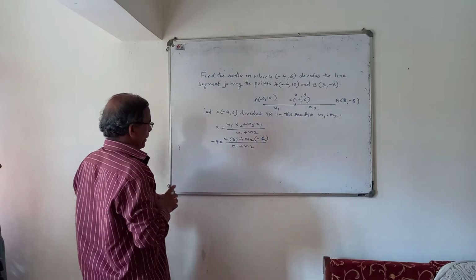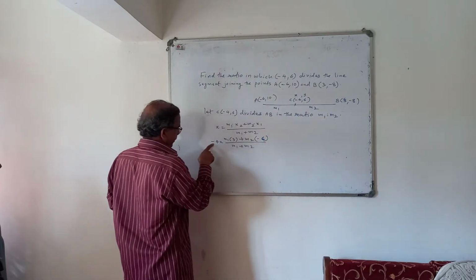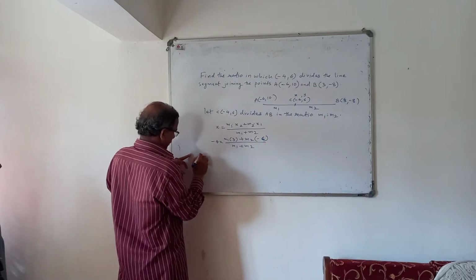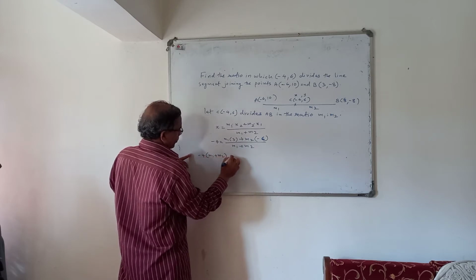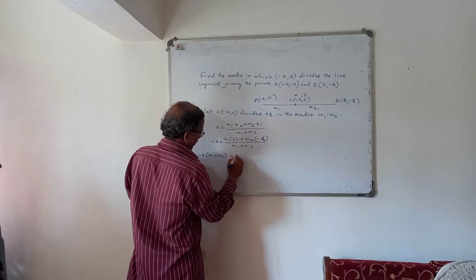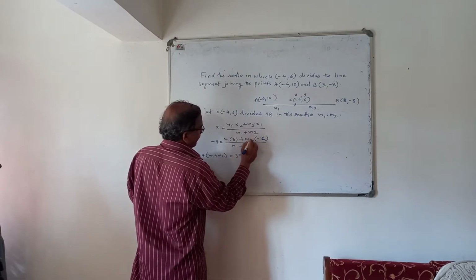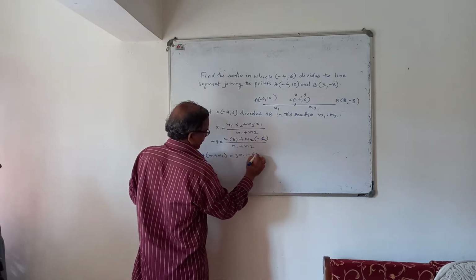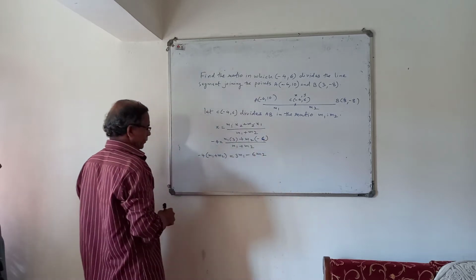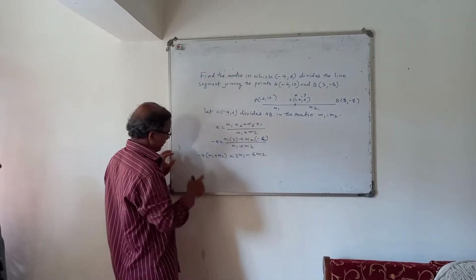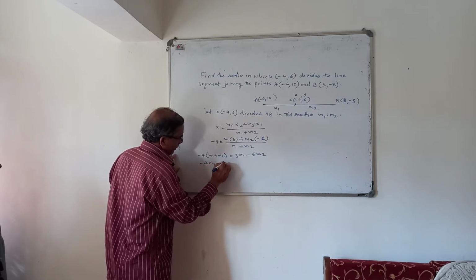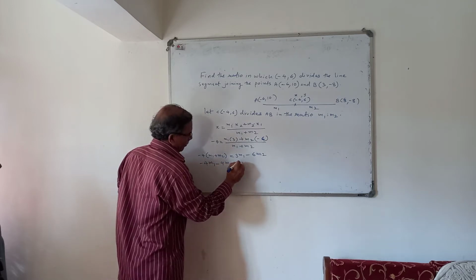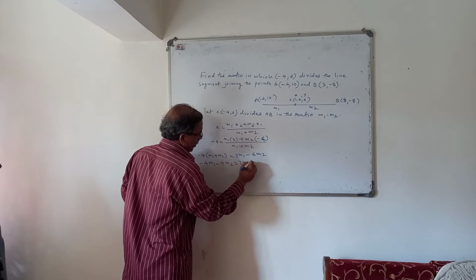Now if we want to simplify this, the denominator will be multiplied here. So minus 4 into (m1 plus m2) should be equal to m1 into 3, means 3m1, plus m2 into minus 6, means minus 6m2. Now minus 4 into this bracket, you solve this: minus 4m1 minus 4m2 should be equal to 3m1 minus 6m2.